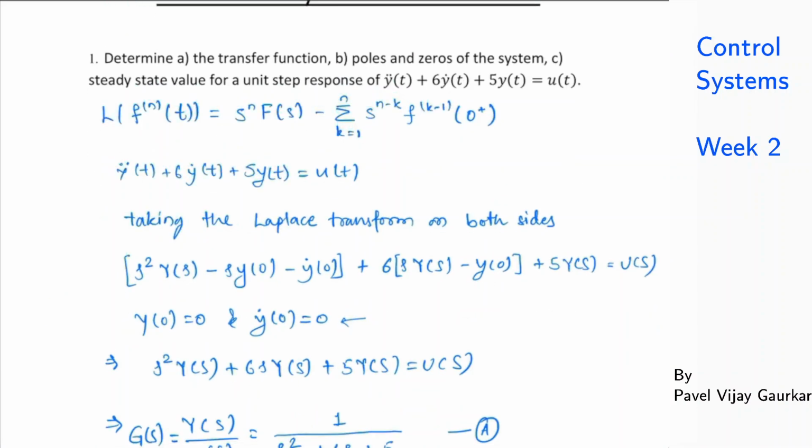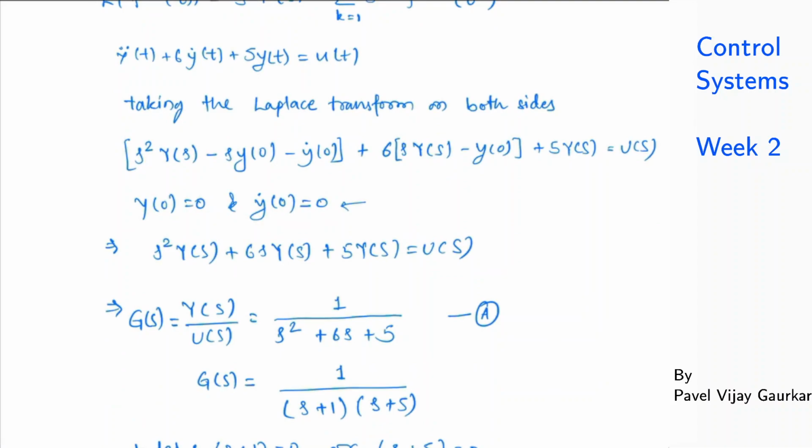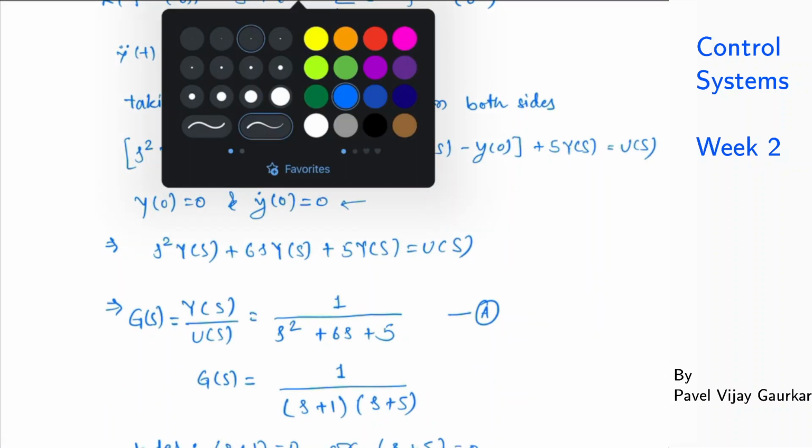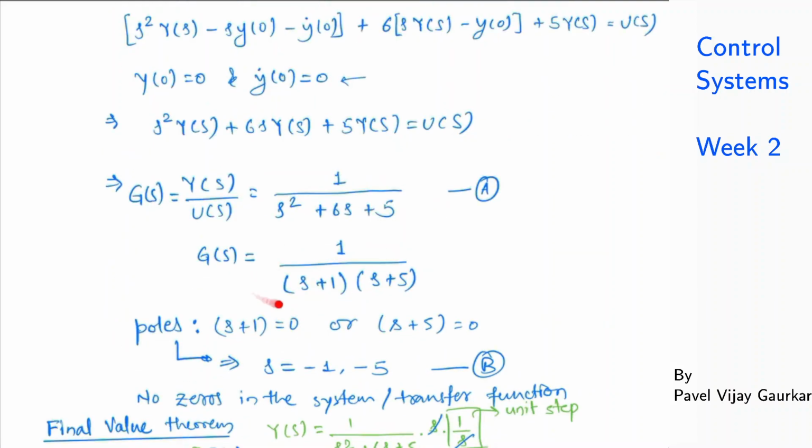So to summarize this problem, we are looking at calculation of the transfer function, poles and zeros of the system, and the steady state value. We took the Laplace transform of the equation and then substituted the zero initial conditions in order to finally obtain the transfer function. Once we obtain the transfer function, we can look at the denominator, equate it to 0 and solve for the poles of the system.